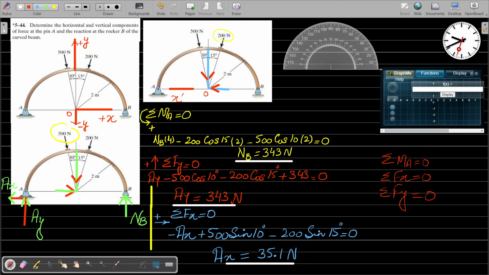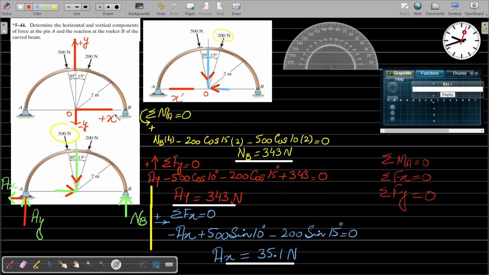The 500 sin 10 component is towards the positive x. So this is plus 500 sin 10 and minus 200 sin 15. Again, in this equation we have Ax as the only unknown, which we can calculate as 35.1 Newton.